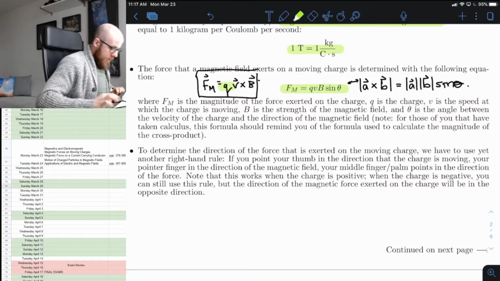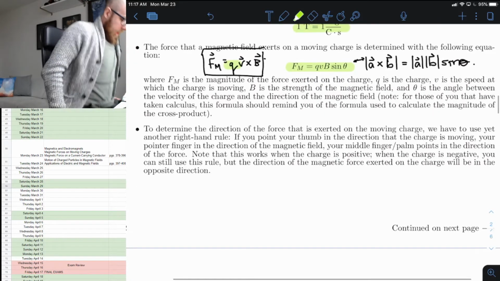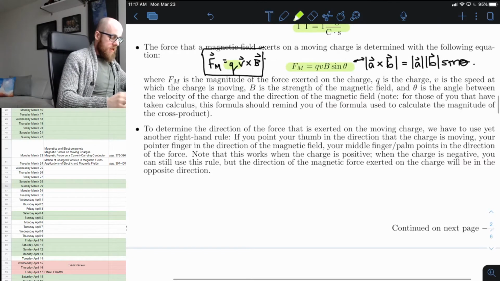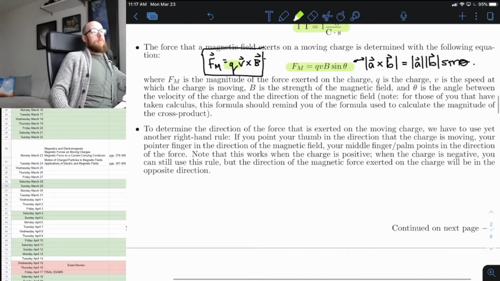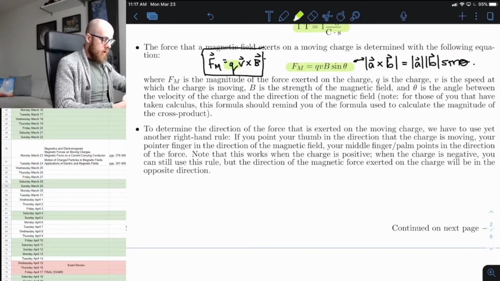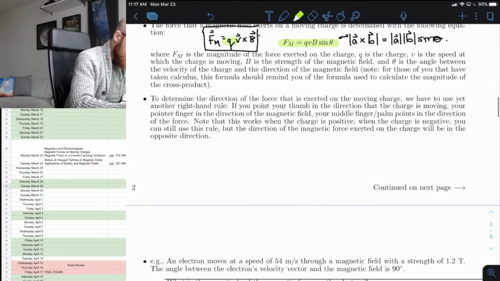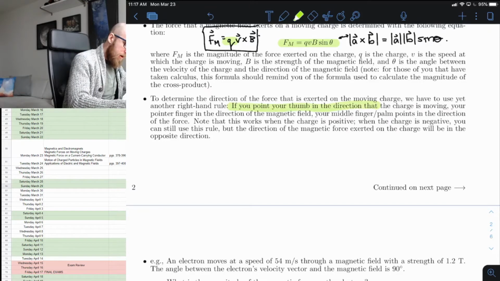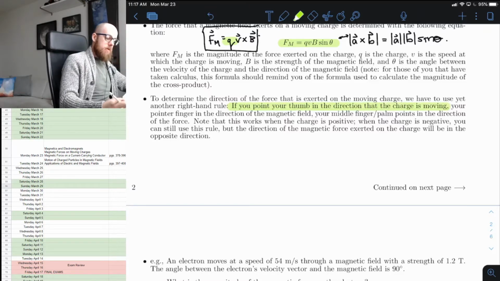Good so far? Okay. Now, because this is a cross product, we have to figure out a way to consider direction, and this is where the right-hand rule comes in. To determine the direction that the force is exerted on the moving charge, we point our thumb in the direction that the charge is moving, so in the direction of the velocity.